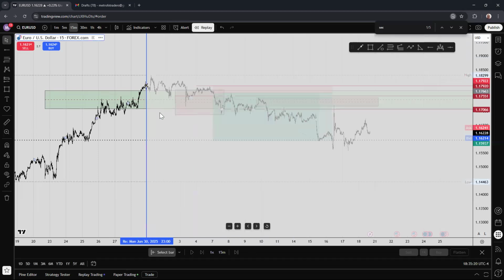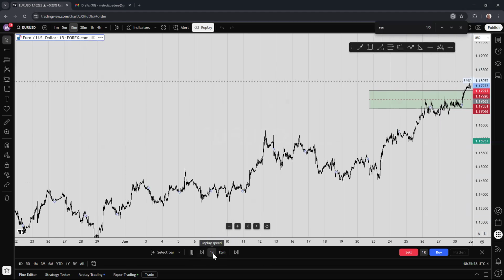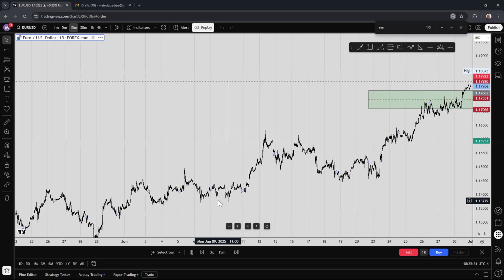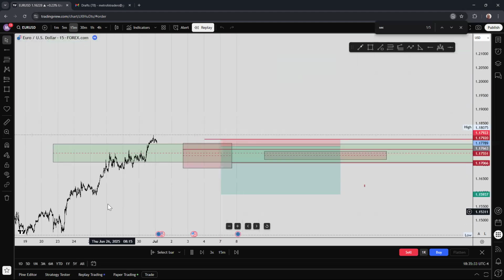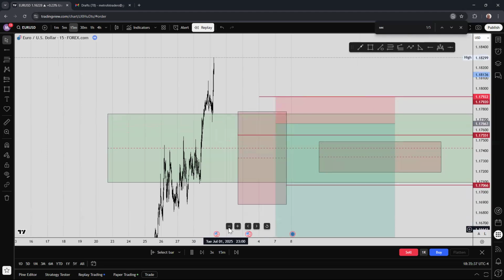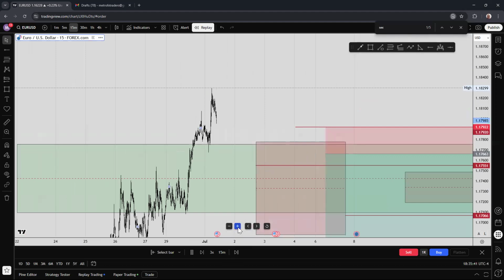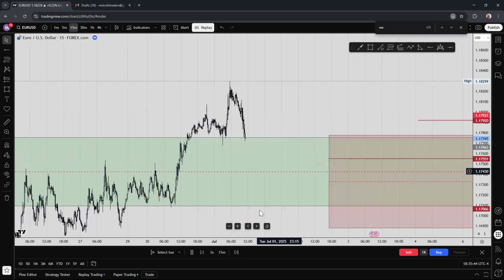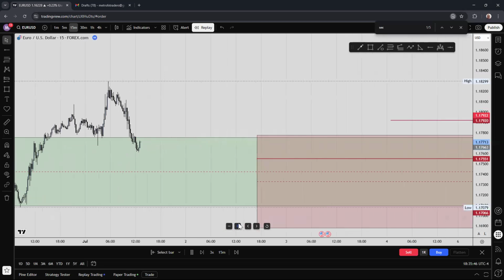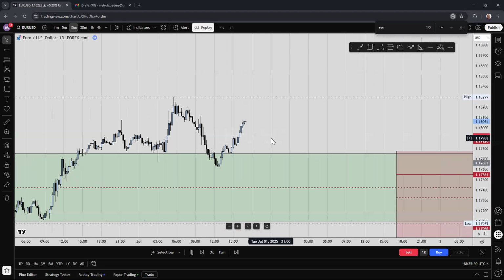I can go over here, cut it, and then click play, and see what the market does based on what I see here. That way you can practice and say, okay, if I see this happen, where would you place your stop loss? Where would you enter? Where would you place your take profit? So on and so forth.